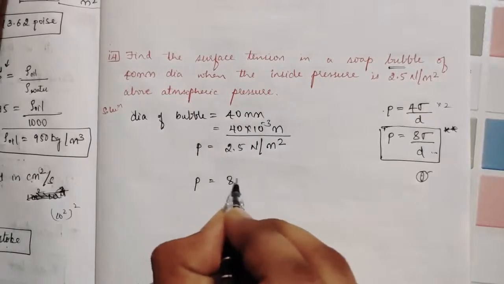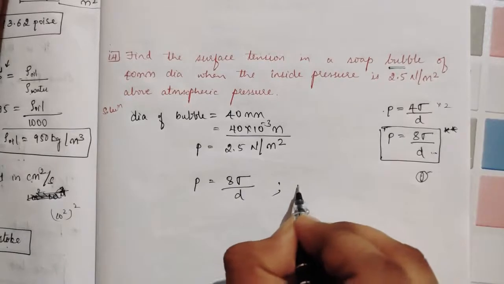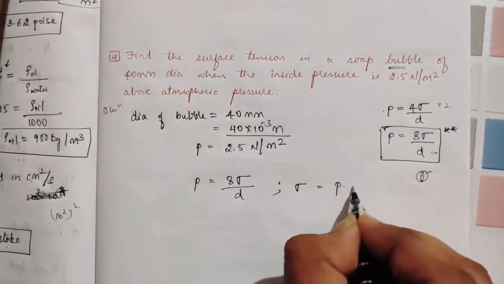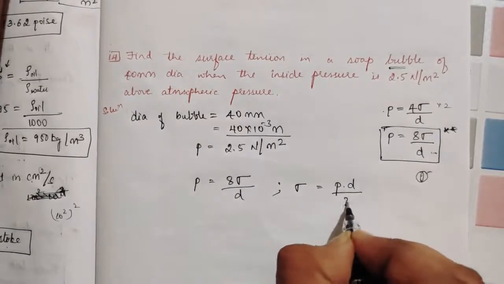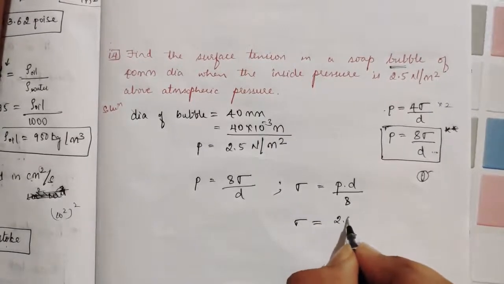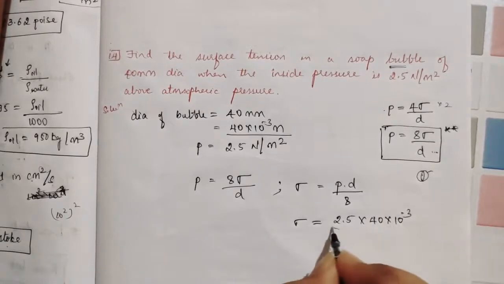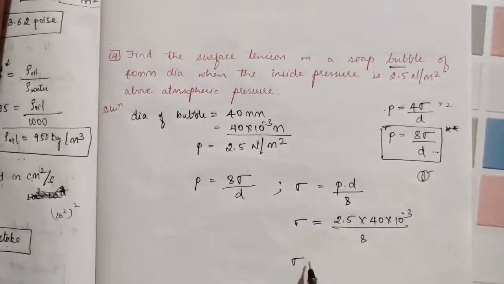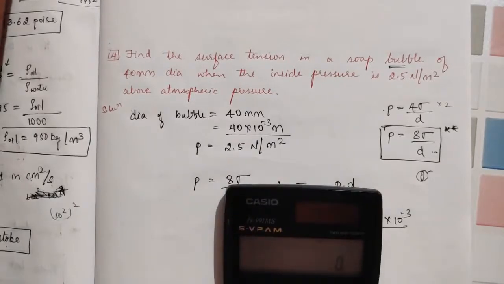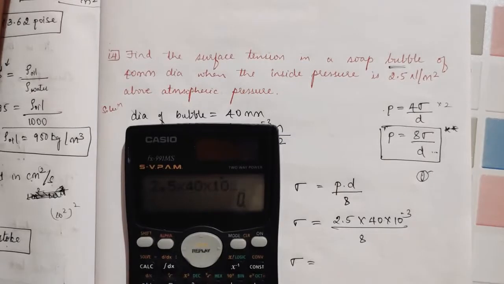So P is equal to 8 sigma by d, which implies sigma is equal to P into d divided by 8. So surface tension is equal to 2.5 into 40 into 10 power minus 3 divided by 8.